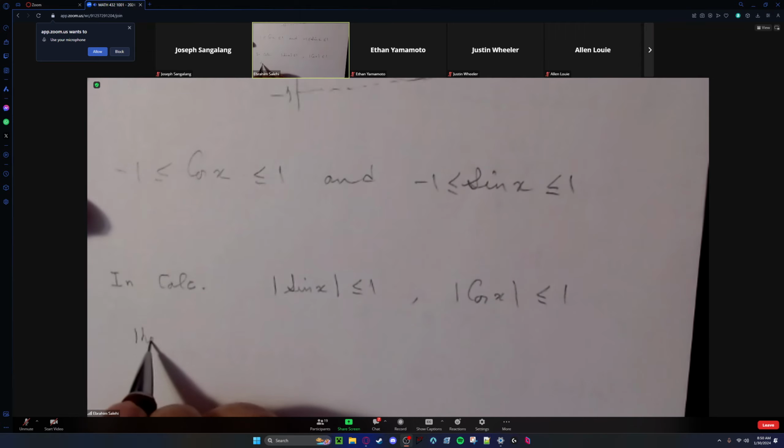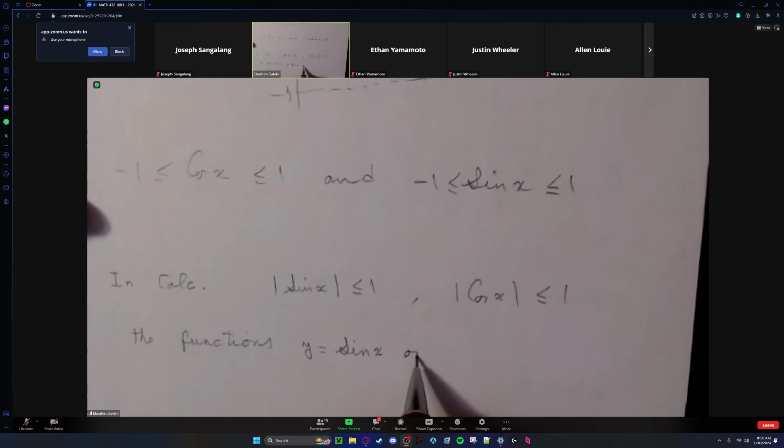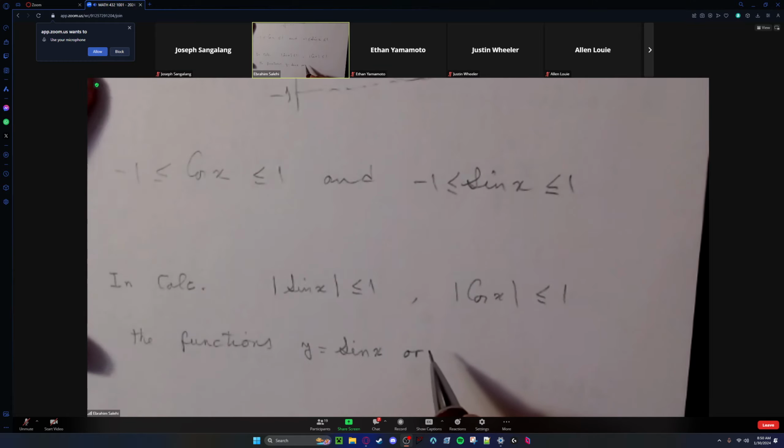The functions y equals sine x or y equals cosine x are bounded.